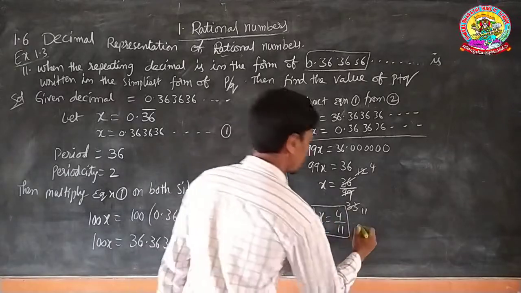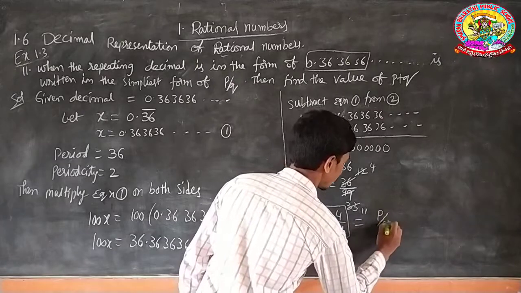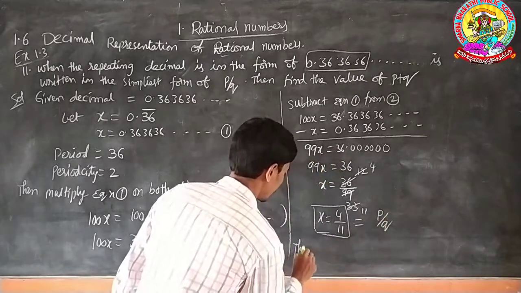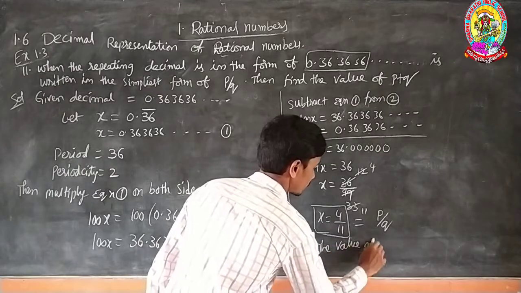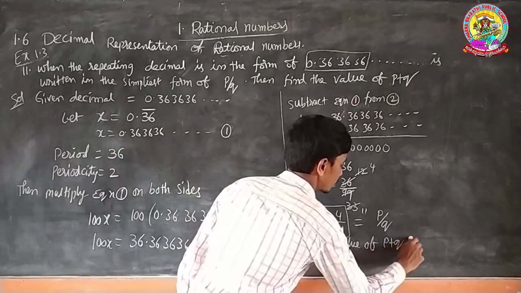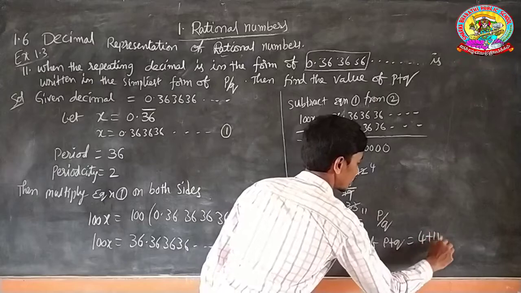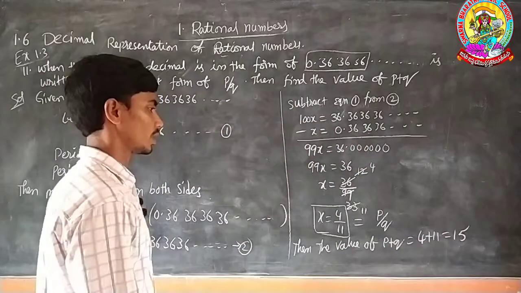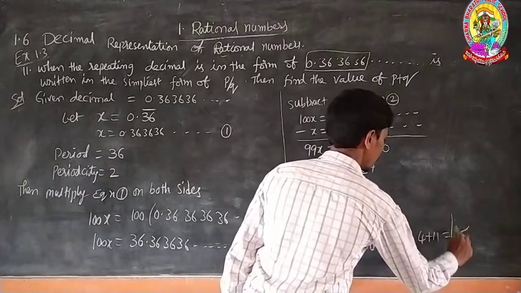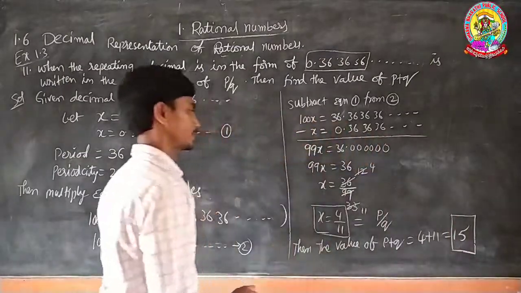Then comparing this as p by q, the value of p plus q is equal to 4 plus 11 is equal to 15. The p plus q value is 15.